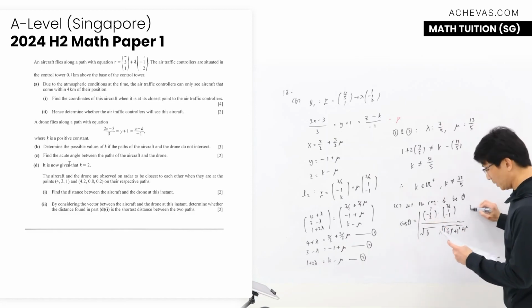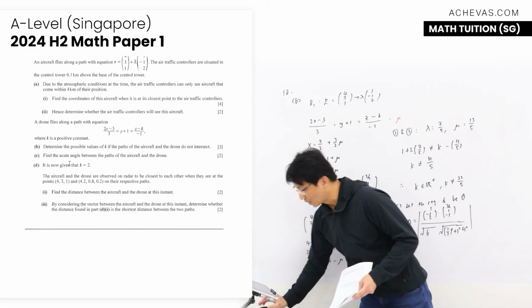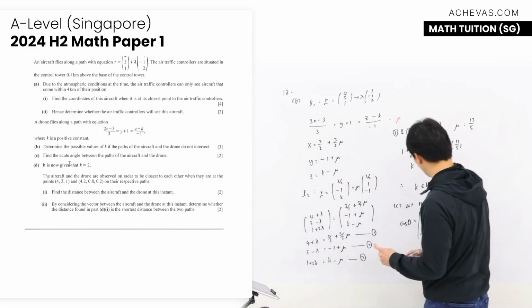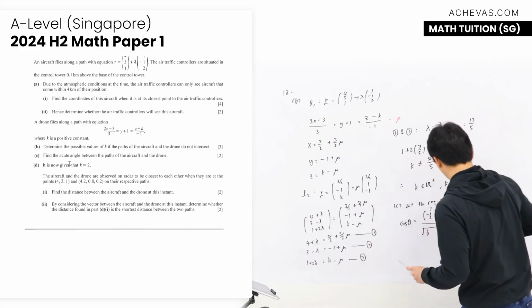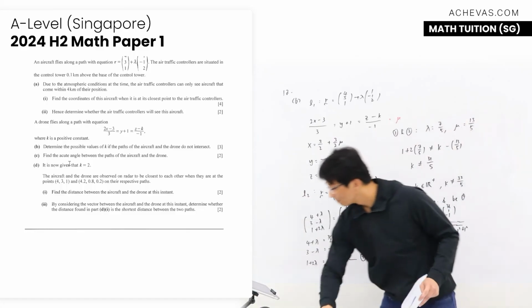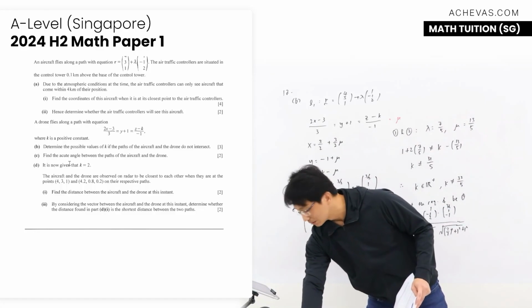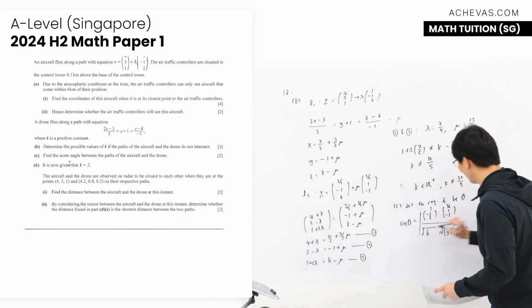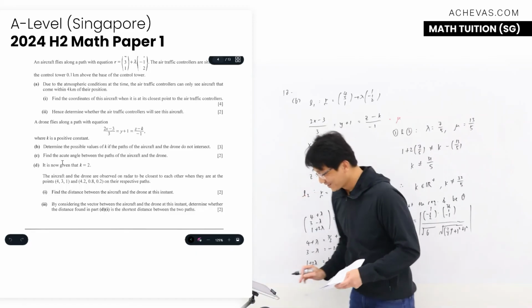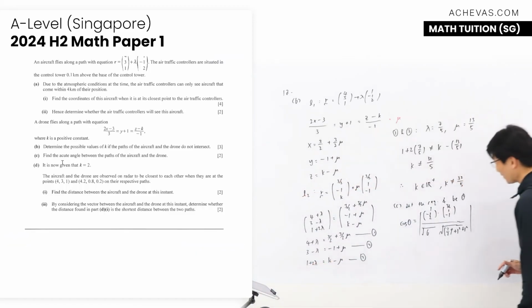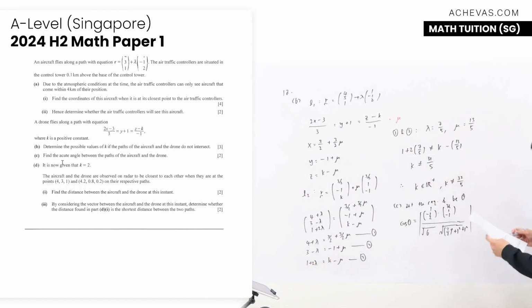And I will put a modulus sign. Oh, I'm sorry, I'm supposed to put a modulus because I missed out this word here. There's a word acute angle. My apologies.